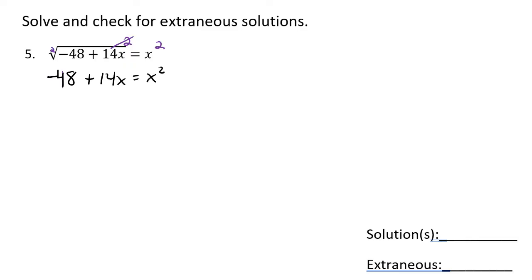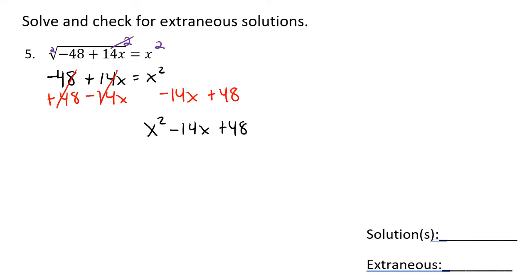Once again, we want everything on the same side when we have an x squared and an x, so we can factor. So I'm going to minus the 14x over. I'm going to add the 48 over. Those are going to subtract away. We'll end up with x squared minus 14x plus 48 equals 0, because since we are solving, we want our equation to equal 0. Then we're going to go ahead and factor.